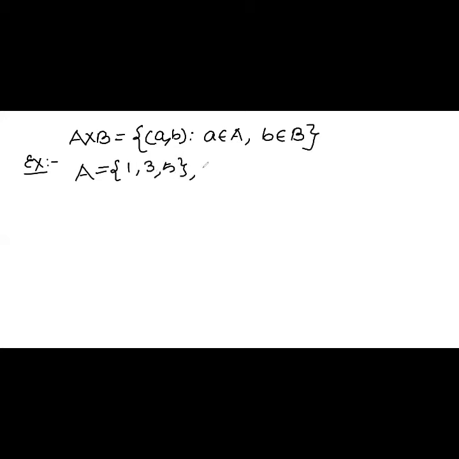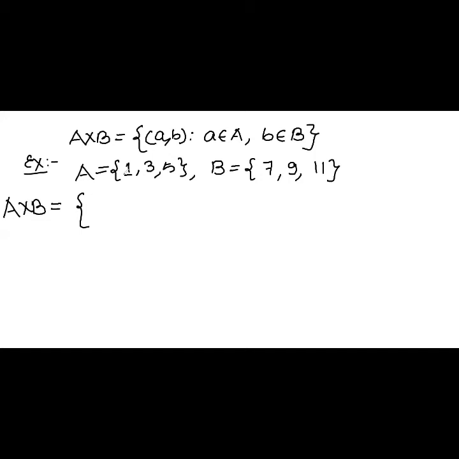One more example I am taking. The Cartesian product A cross B equals (a, b) such that a belongs to A and b belongs to B. If I take A as 1, 3, 5 and B as 7, 9, 11, then for A cross B we have to connect each element of A with each element of B, but specifically taking set A elements first and then set B elements in the ordered pair.